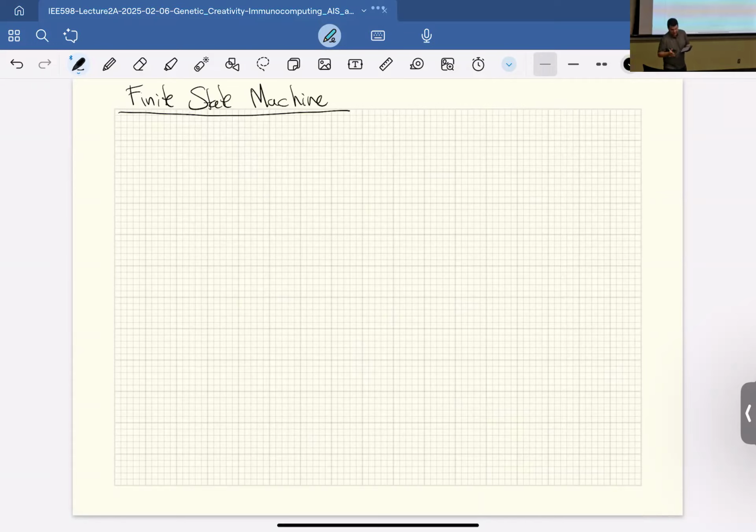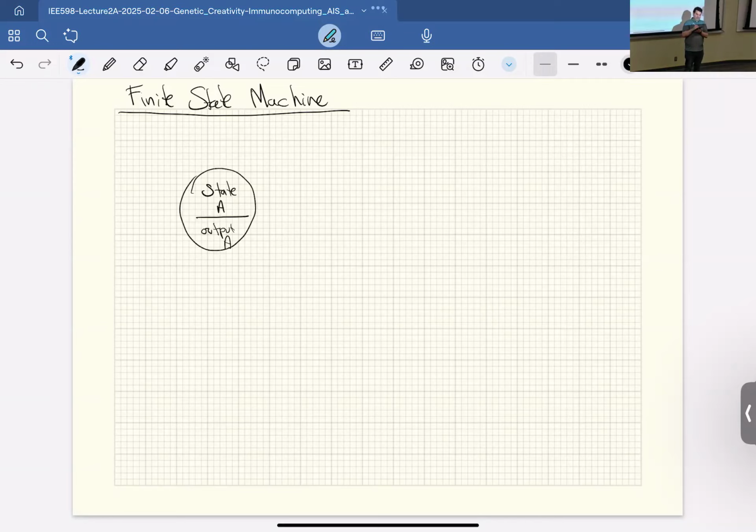to do this. A finite state machine is a combination of states, transitions, and outputs. So you might say that your machine is in state A, and in state A it could produce some output A. Let's say it initially starts in state A, so I'll create a little symbol about that.